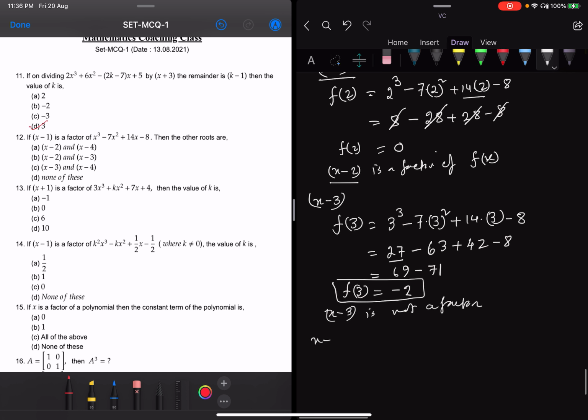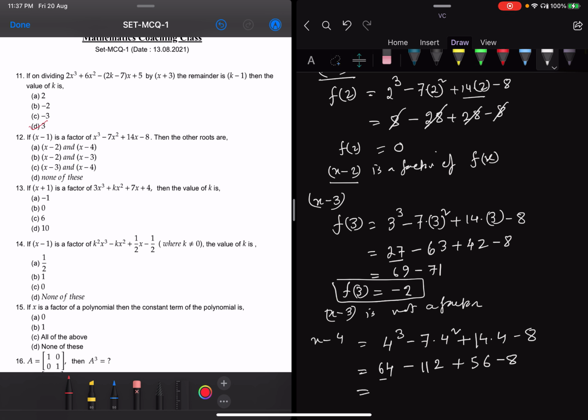Now we will check whether x minus 4 is correct or not. It is 4 cube minus 7 into 4 square plus 14 into 4 minus 8. Okay, now what will happen? 4 cube is 64 minus 16 into 7, it's 112, plus 56 minus 8.